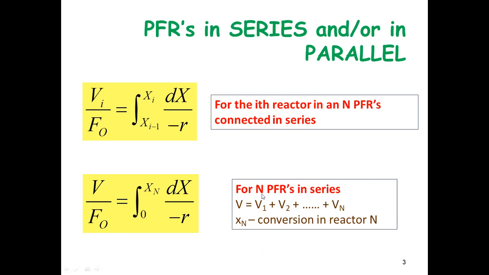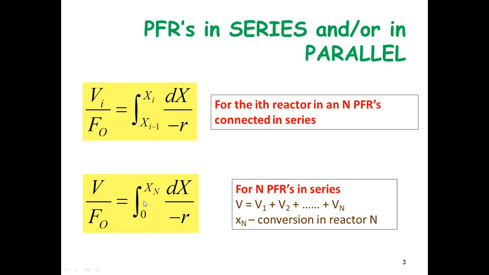So for the nth reactor, in a PFR series of reactors, this will be how you represent the performance equation. So the total volume, which is now the sum of all the volumes of your PFRs in series divided by the molar feed rate, is equal to the integral from 0 to Xn.